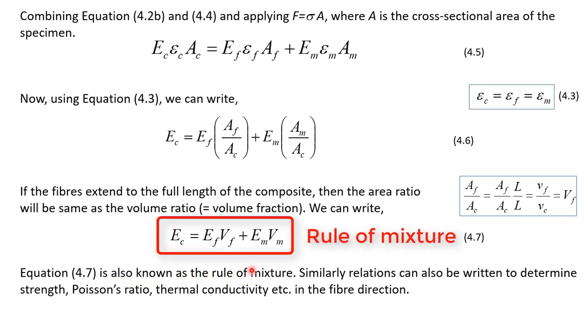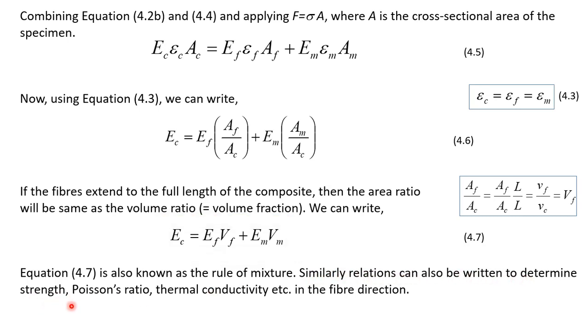Similar relations can also be written to determine strength, Poisson's ratio, thermal conductivity, etc. in the fiber direction. That means if we replace EC by other properties like strength or Poisson's ratio, then we can obtain the similar kind of rule of mixture. So this is the equation for modulus of a composite in the longitudinal direction for a unidirectional continuous fiber composite.